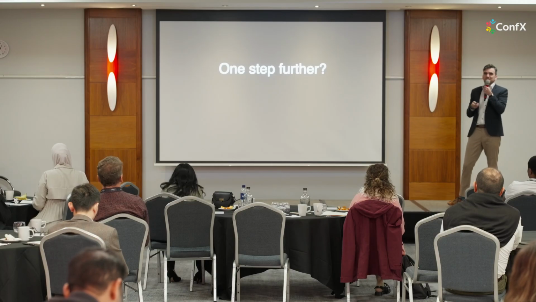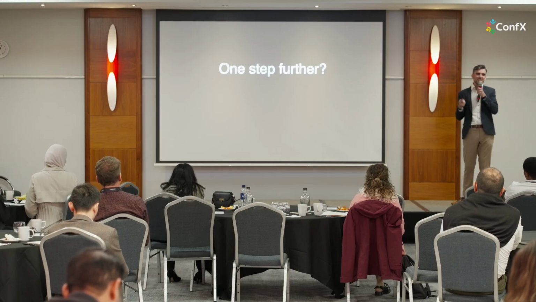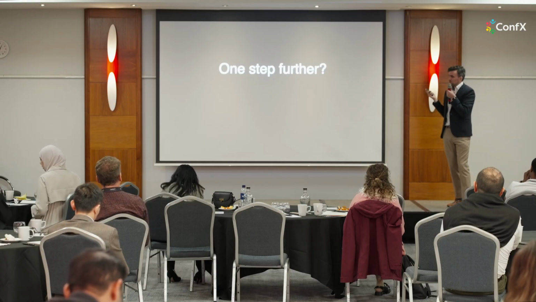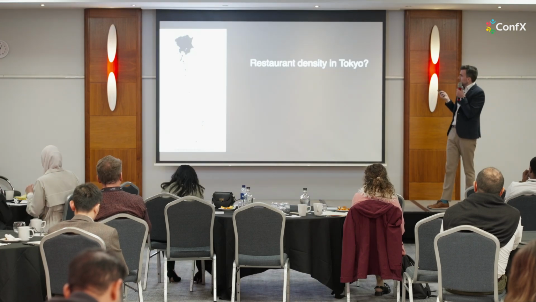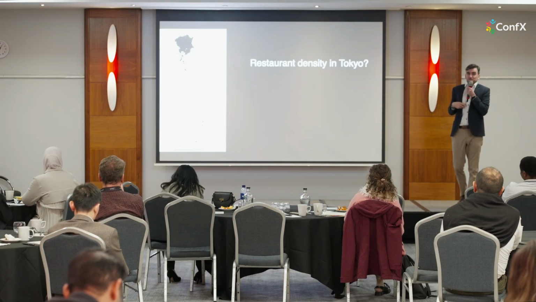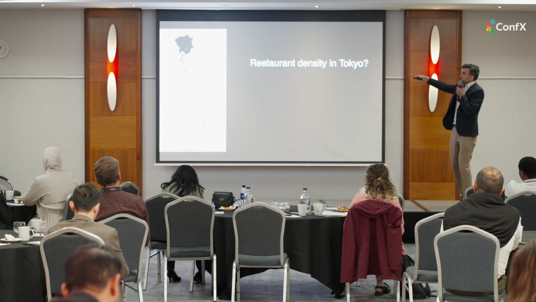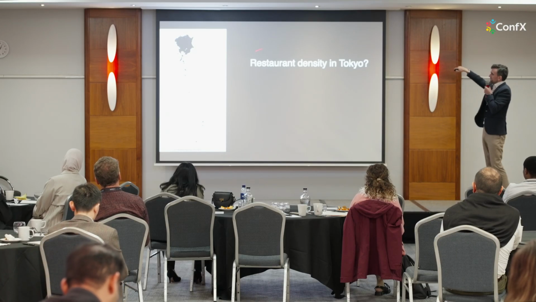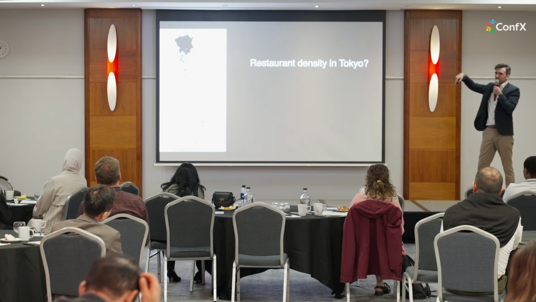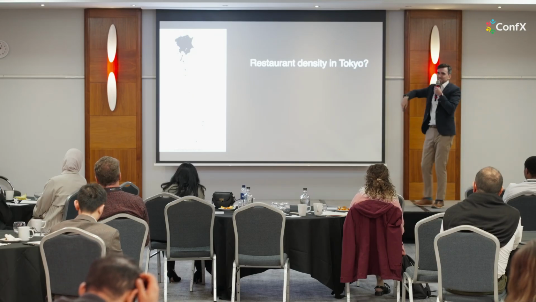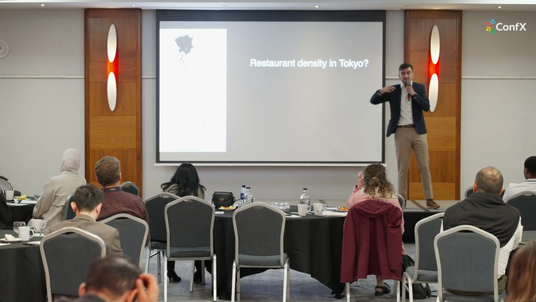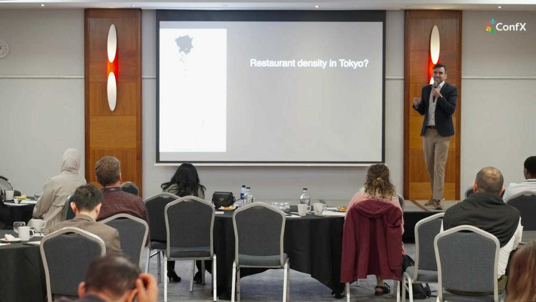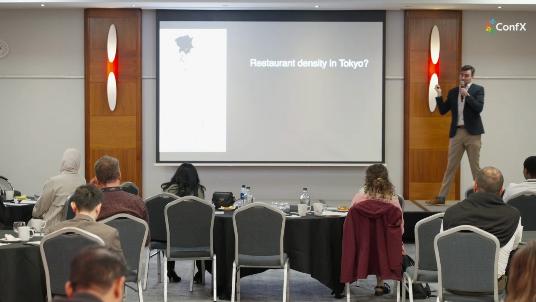Can we go one step further? You'll be thinking, what can be more dramatic than that? So I looked into, you probably won't guess what this is, but this is restaurant density in Tokyo. If you're a business interested in restaurants in a city, maybe you will like this one.